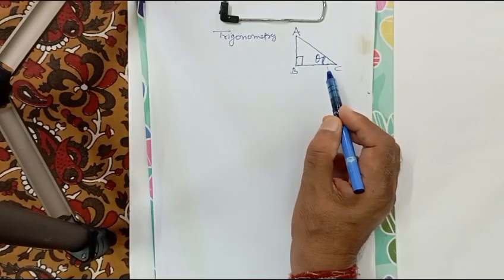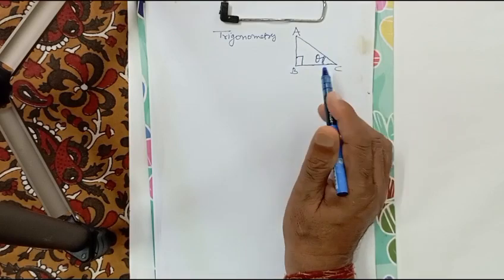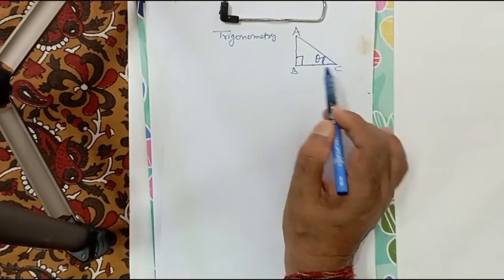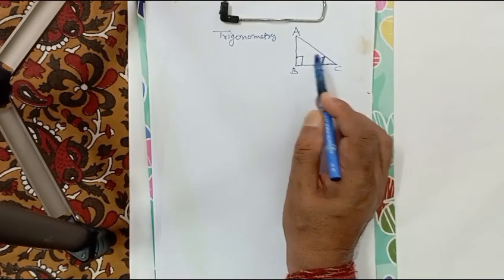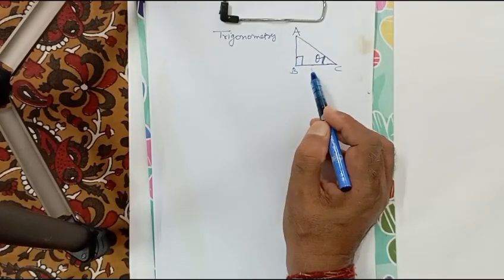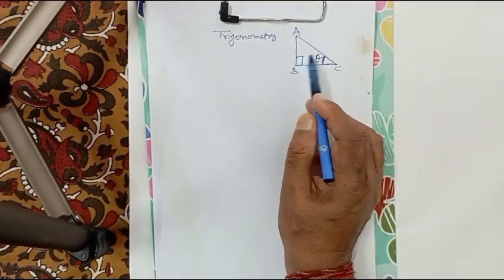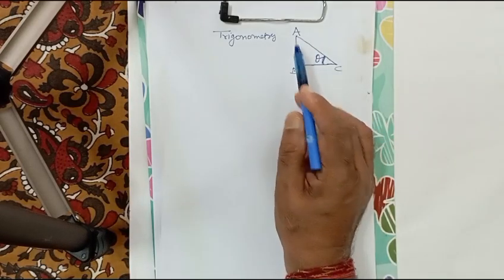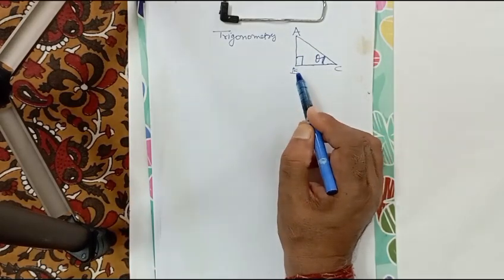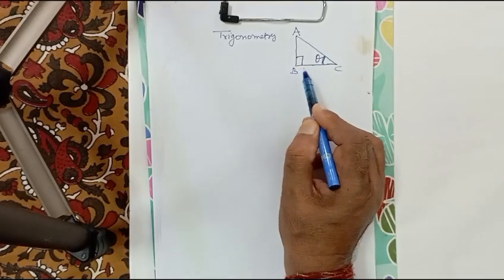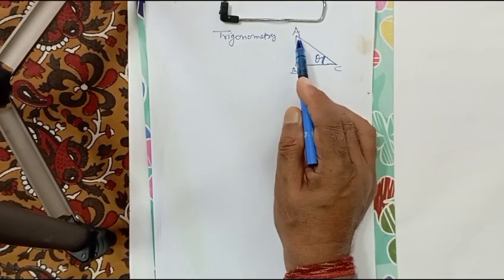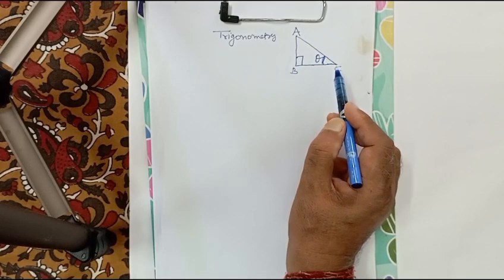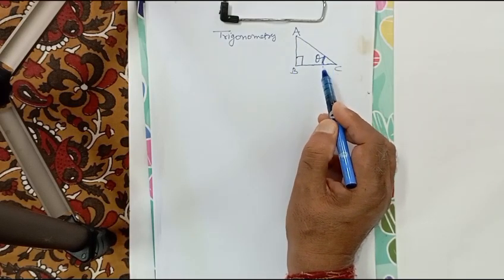So when we want to find the ratio of these sides, we will take AB as perpendicular, BC as base, and AC as hypotenuse for the angle theta.